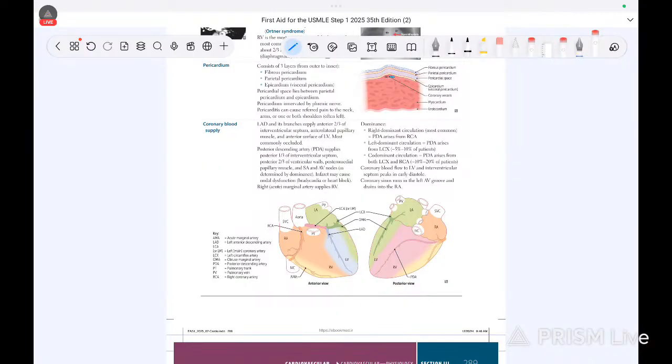Coronary blood flow to the left ventricle and interventricular septum peaks in early diastole. This is important. And the coronary sinus runs in the left atrioventricular groove and drains into the right atrium. Okay, so for now, that's it for this session. Thank you.